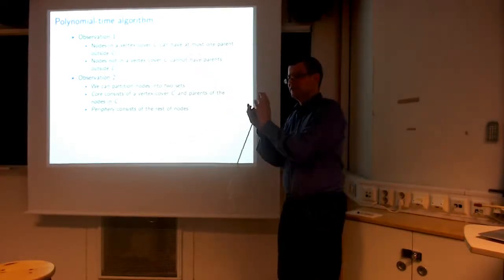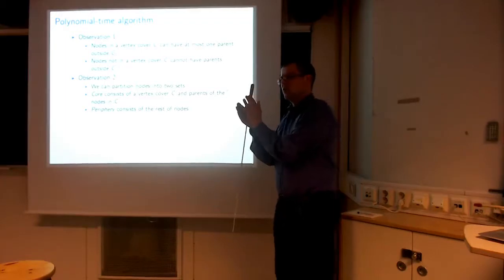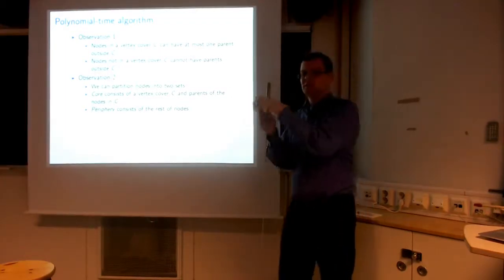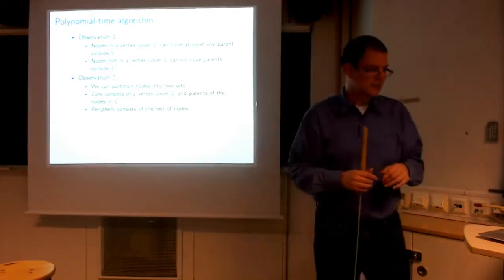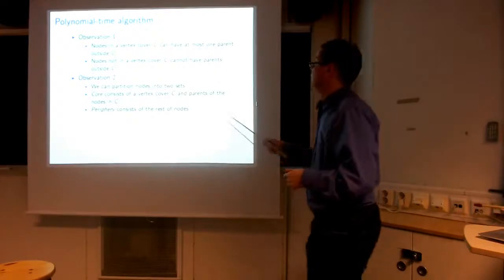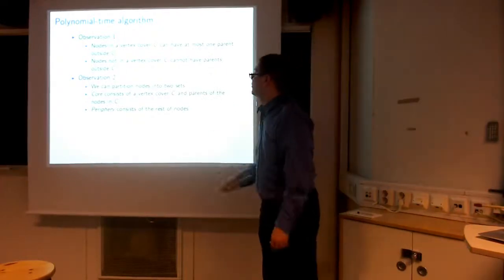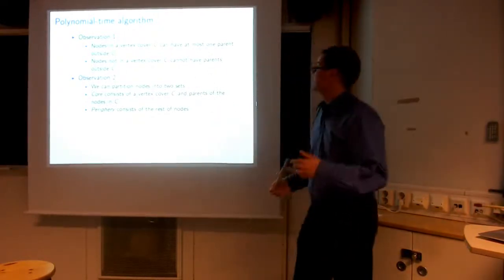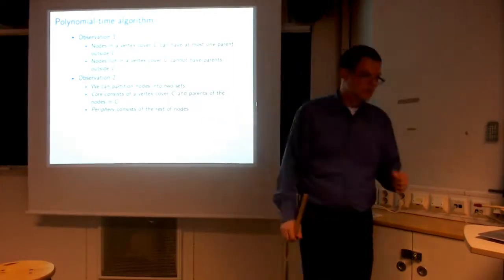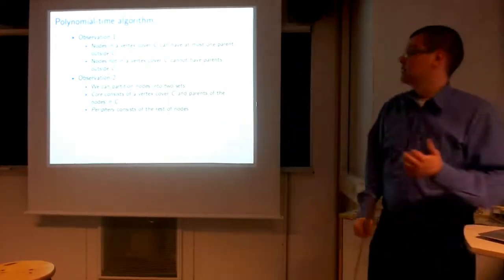If it has two or more parents outside the vertex cover, then there would be moralization edges that would not be covered. And then we also note that if the node is not in the vertex cover, then it cannot have parents outside the vertex cover.